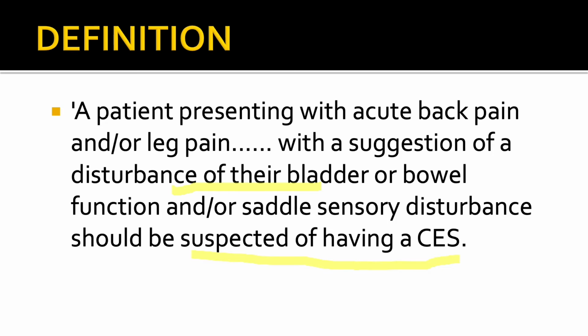So this is the definition. That is bilateral back pain with radiation to the legs with the suggestion of neurological involvement of bowel or bladder. Unusual to have bowel disturbance without bladder disturbance. And there is a sensory loss in the saddle area, and this should be suspected as Cauda Equina syndrome.